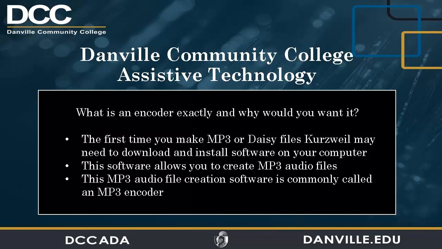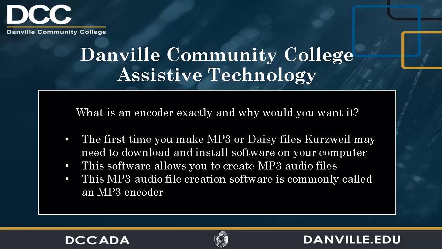Before you can create an audiobook or audio file, you may need to install an MP3 Encoder software package on your workstation. What is an encoder exactly and why would you want it? The first time you create an MP3 audio file or a Daisy reader file, Kurzweil may need to download and install software on your computer.